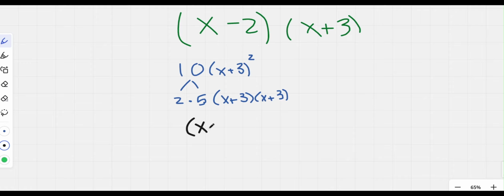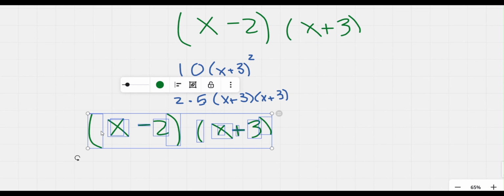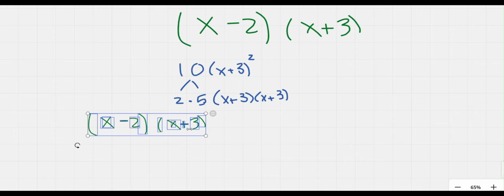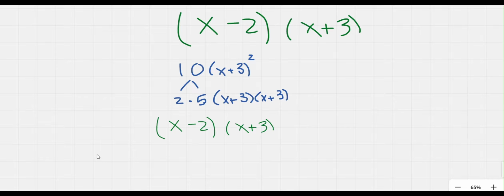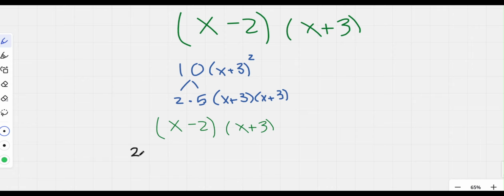X minus 2, then 2 times 5 times x plus 3 times x plus 3.